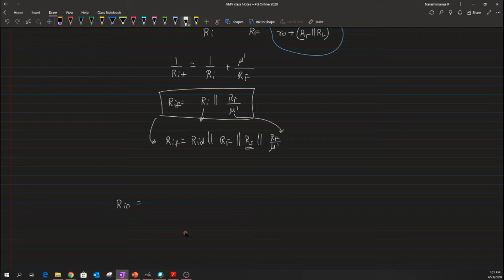Now here again, one could combine these two factors into a single component, so I rewrite it as Rs in parallel with Rf by mu prime, and since it has a value of 1 at the denominator, one could rewrite this as Rf divided by mu prime plus 1.